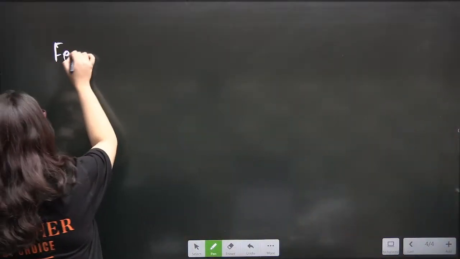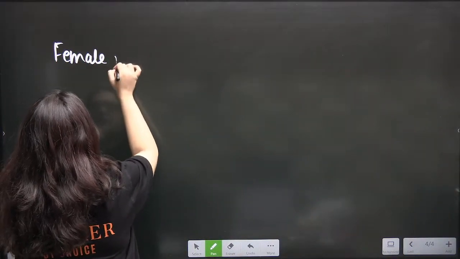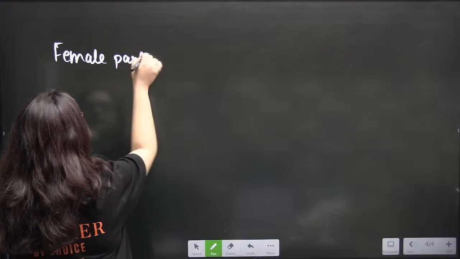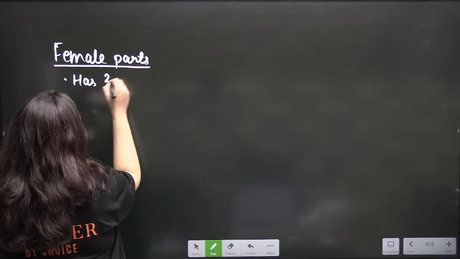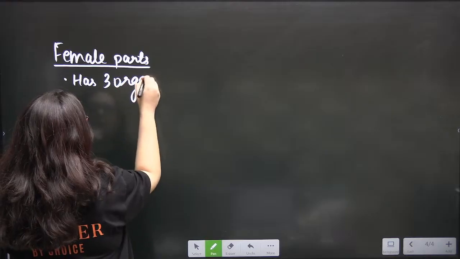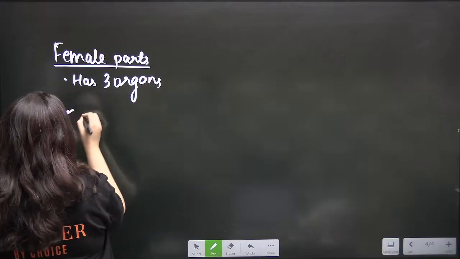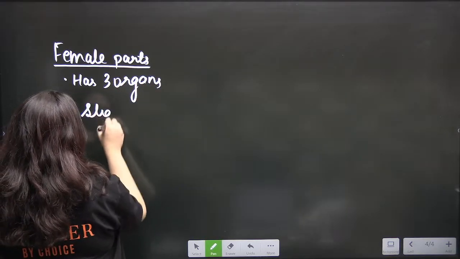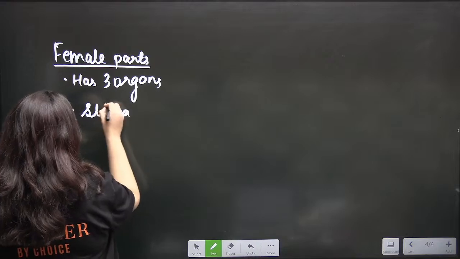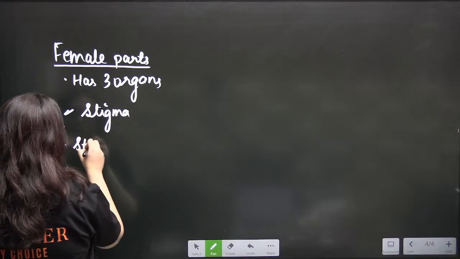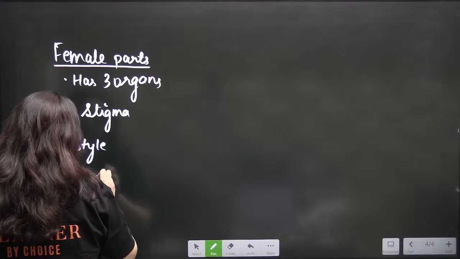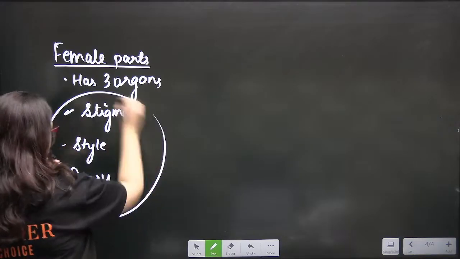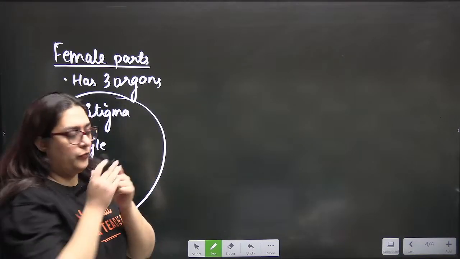Now, if we consider the female parts, it has three organs: stigma, style, and ovary.